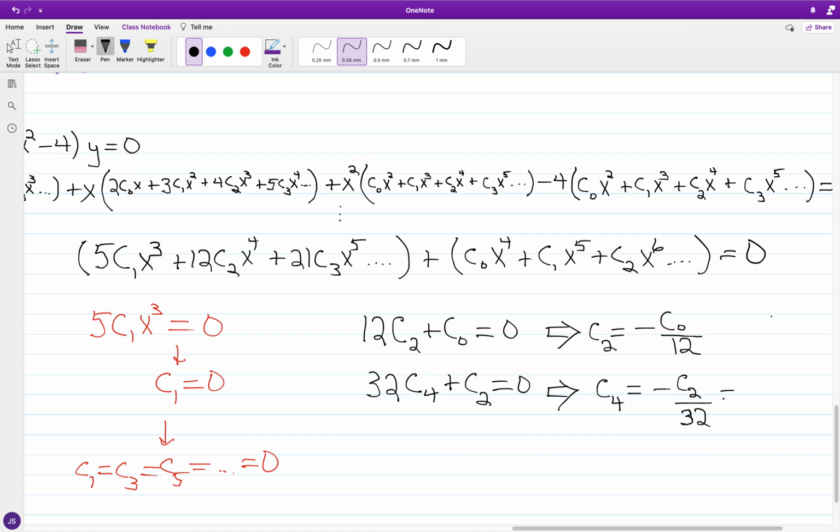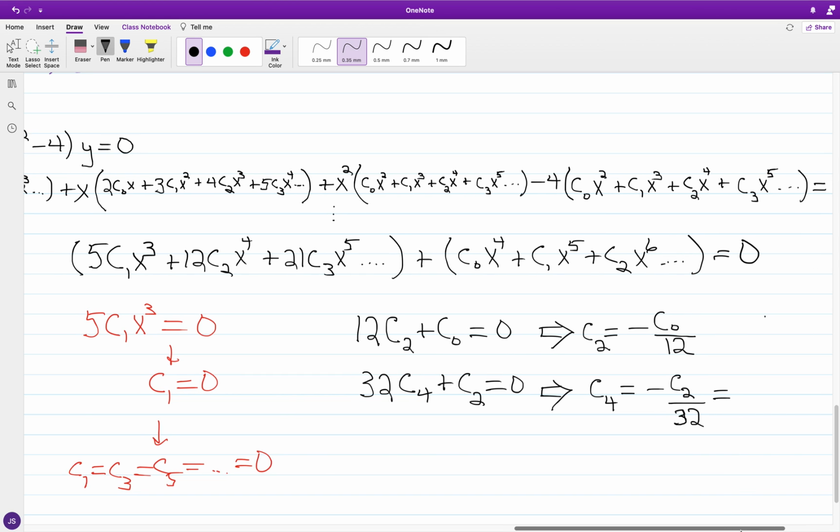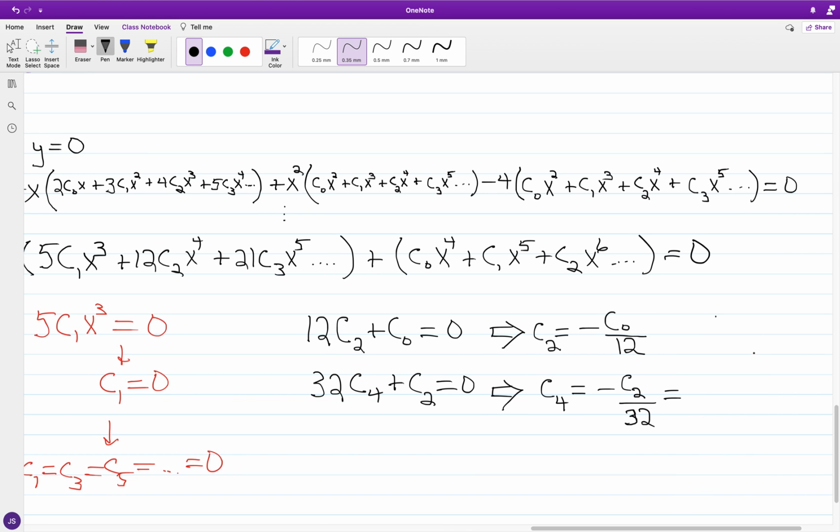And in terms of c naught, we'll have negative 1 over 32 times negative 1/12 of c naught. So you have c naught over 384.